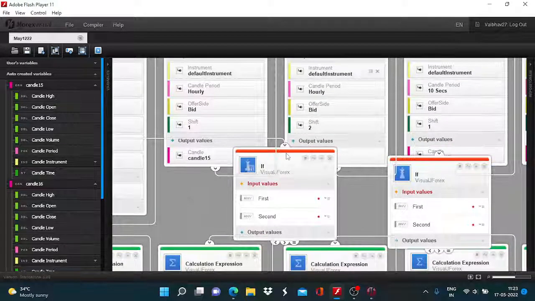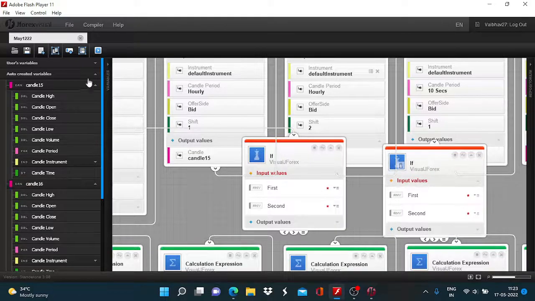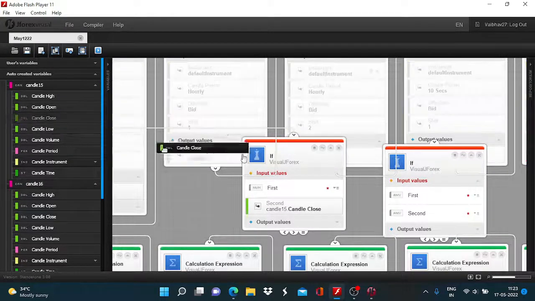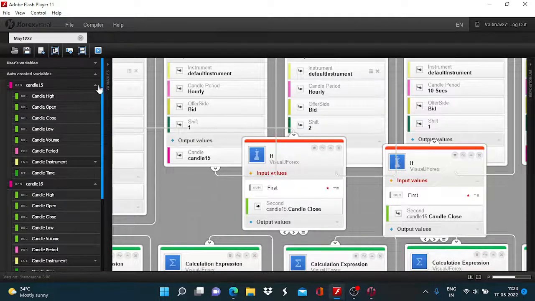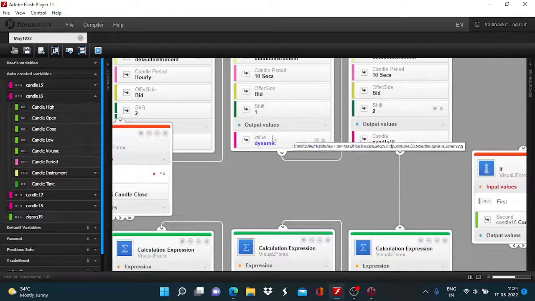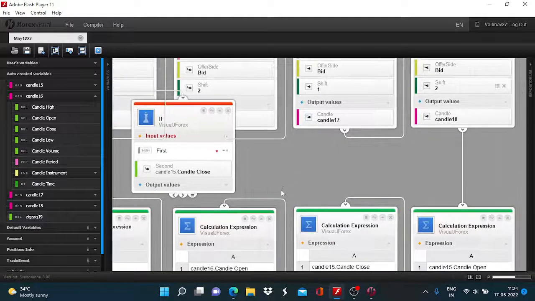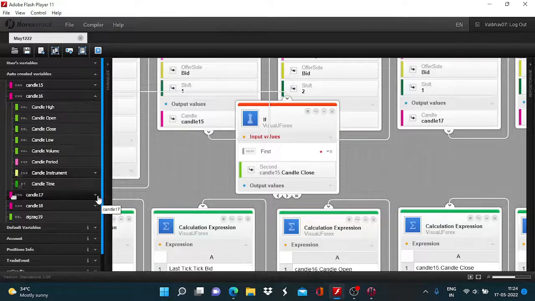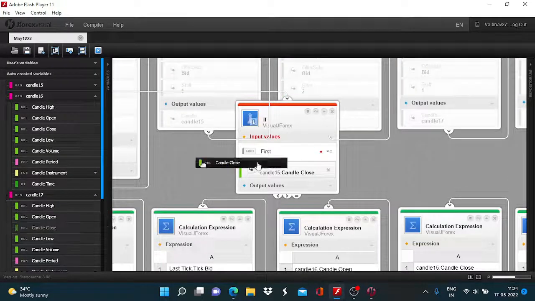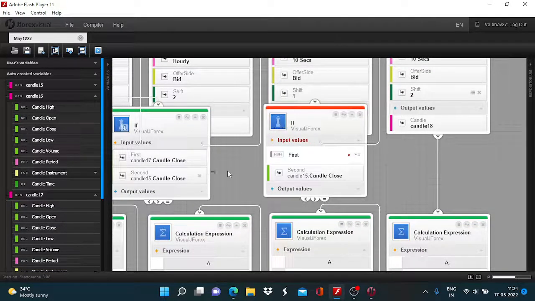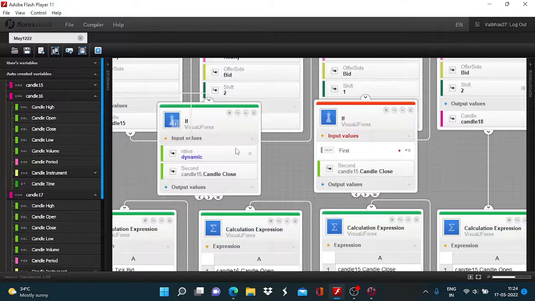So we have to compare the candle 15 candle close. So that will be the common input in both of these blocks with the closing values of these two 10-second candles, candle 17 and candle 18. Candle 17 is the last 10-second candle, so we need candle 17 candle close to be greater.